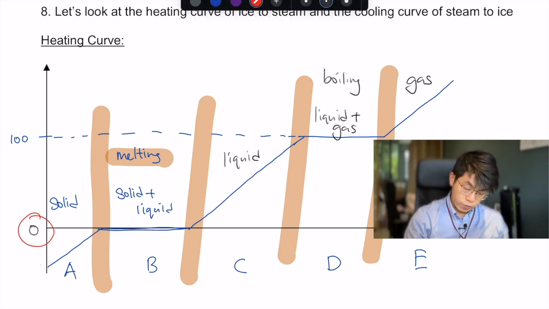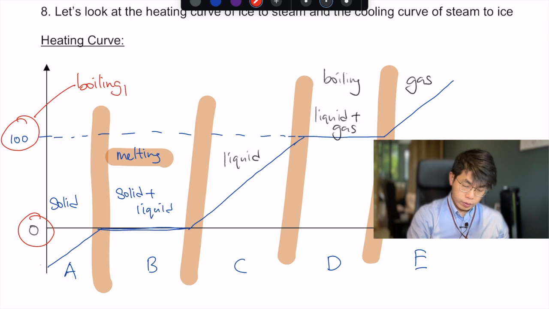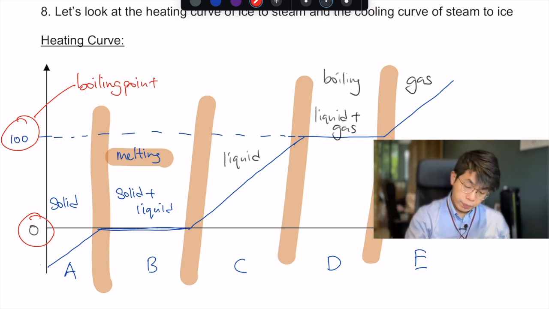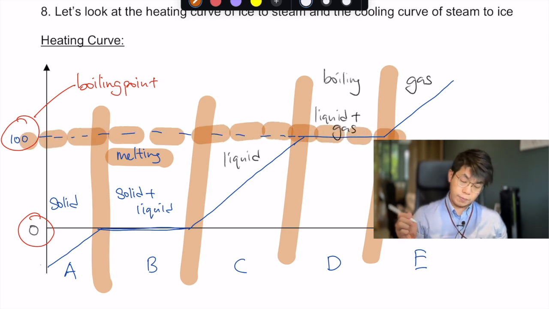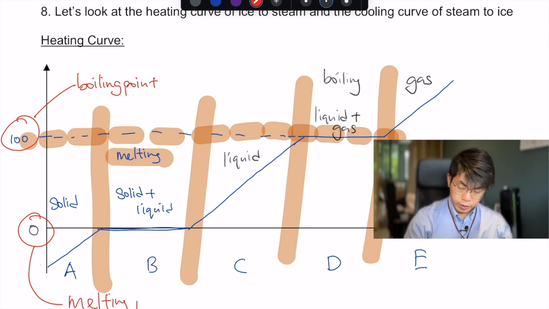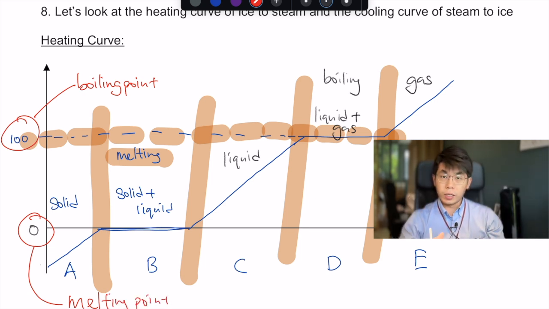One is at 0 and one is at 100. 100 is called the boiling point. Take note that it's not always 100, but it is the point where it is liquid and gas. The one at the bottom is the melting point, where it exists as solid and liquid at the same time. So this is the heating curve.